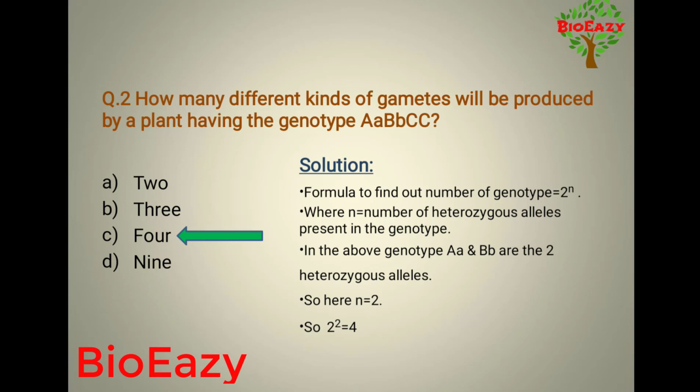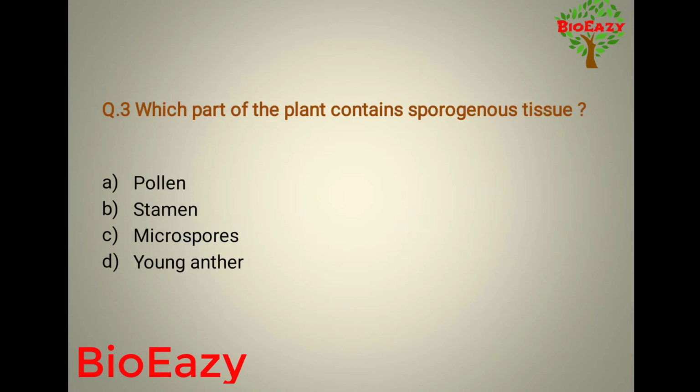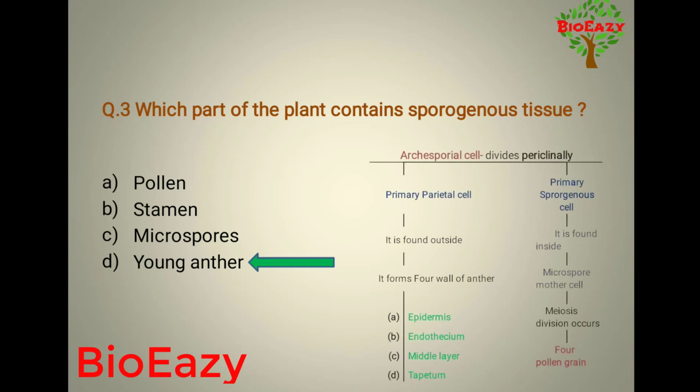Next question is, which part of the plant contains sporogenous tissue? Options are pollen, stamen, microspore and young anther. So the answer is young anther. So we have the solution that the archesporial cells divide periclinally. Periclinal division means parallel to the surface.